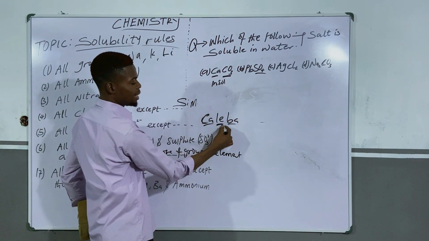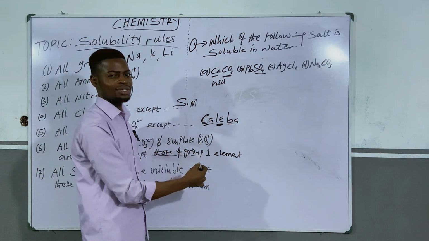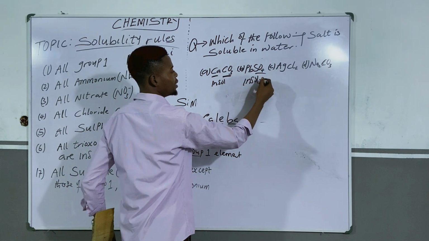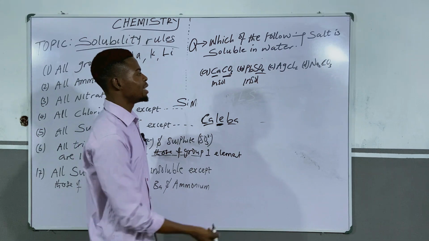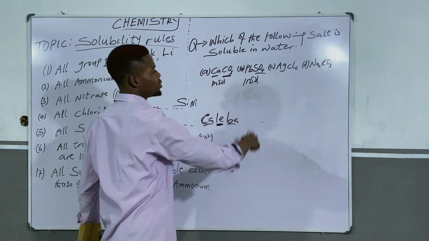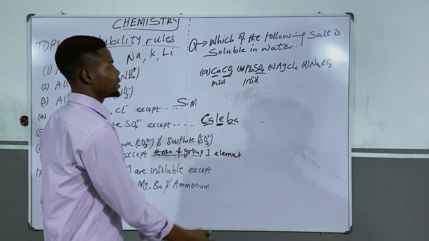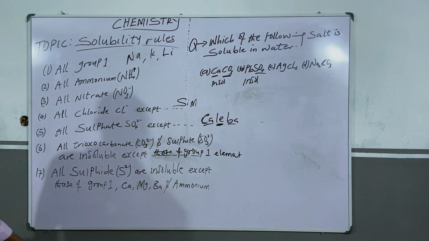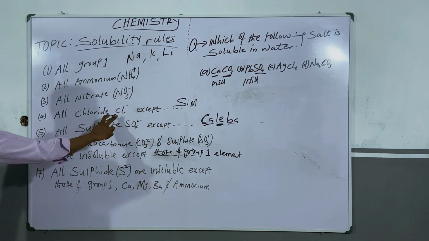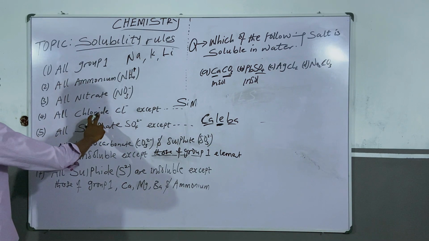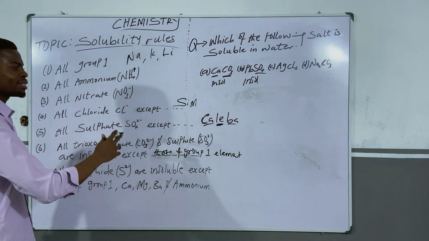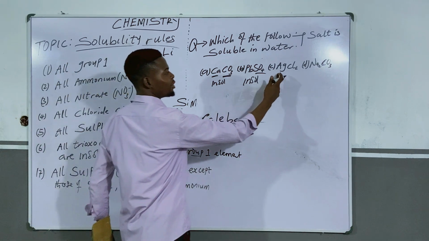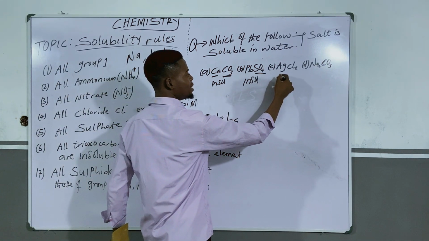Lead is one of the insoluble sulfates, so this is insoluble. Then silver chloride. Is it soluble or not? It is insoluble because all chlorides are soluble except the chloride of silver. So this is insoluble.